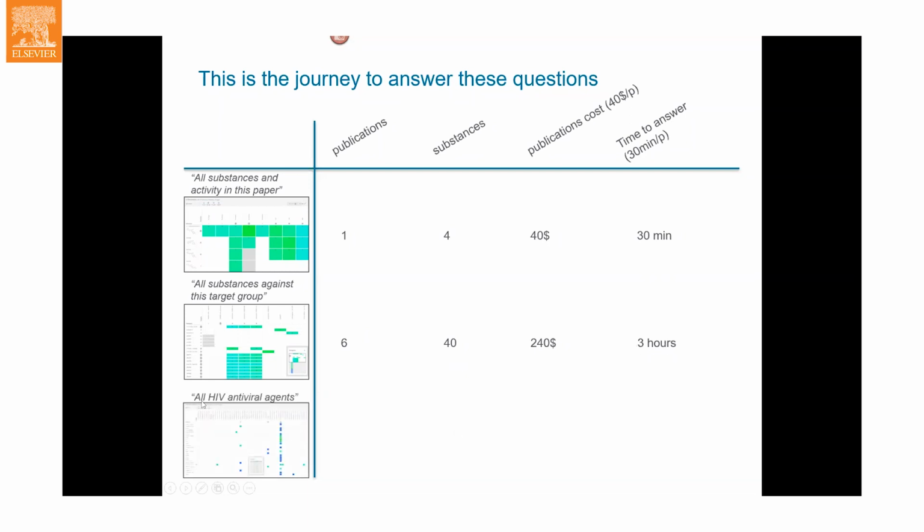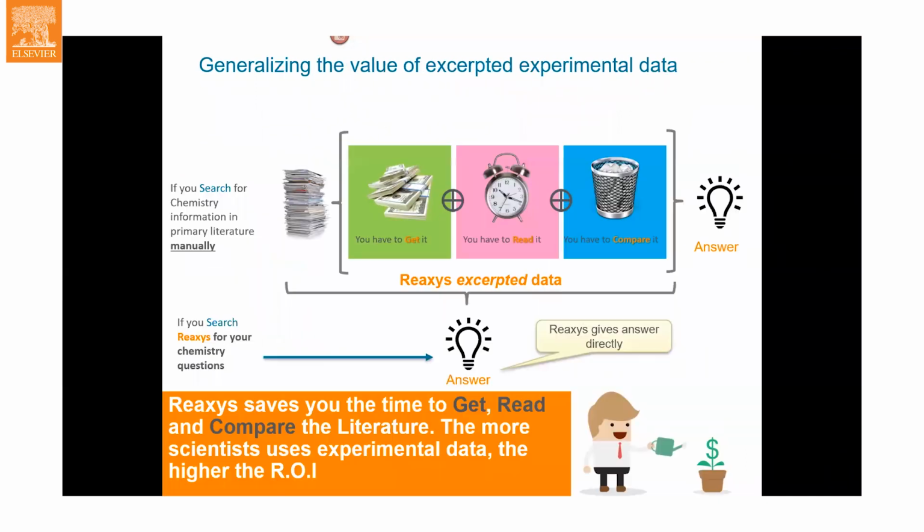But to answer a more complicated question, to get a helicopter view of the landscape of the research, you need to analyze thousands of publications. This is thousands or tens of thousands of different substances, and you need to spend a huge amount of time, for example, half a year, just to read and analyze the information from papers.